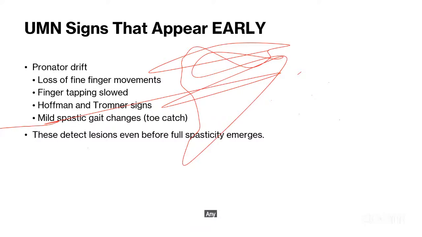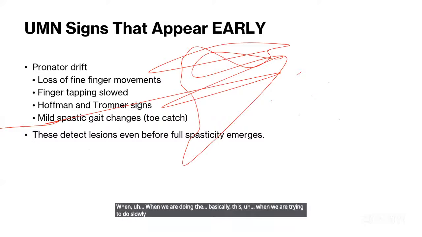Any questions? One thing that I wanted to tell was about the spasticity part that you told. What do you mean by velocity dependent? When we are trying to stretch slowly, there may not be resistance, ma'am.